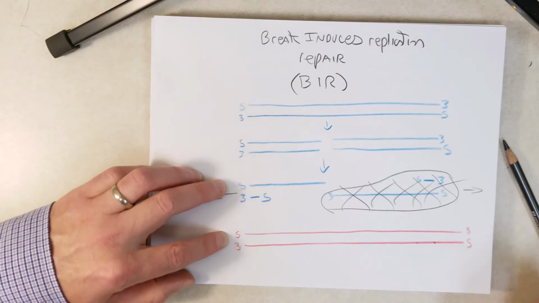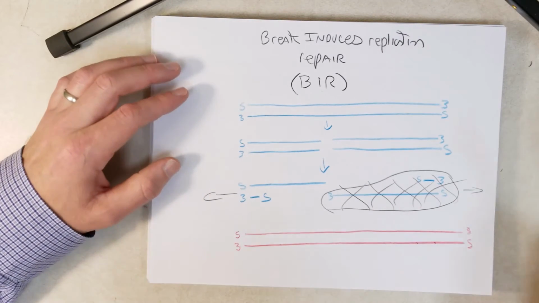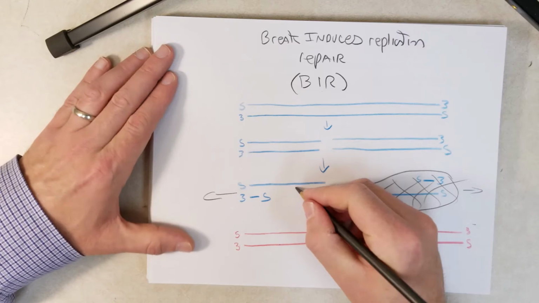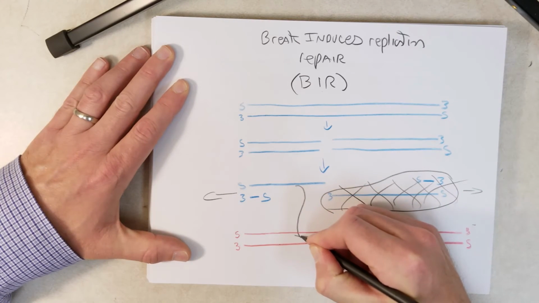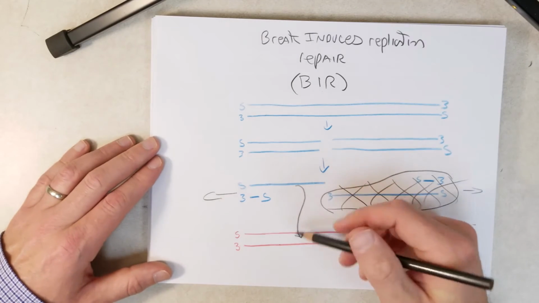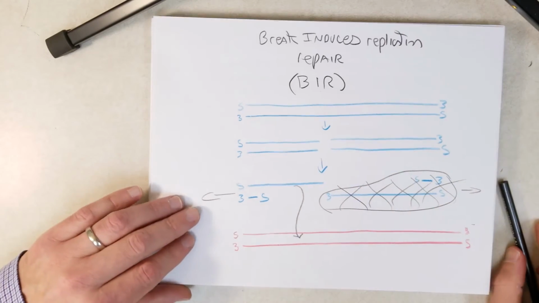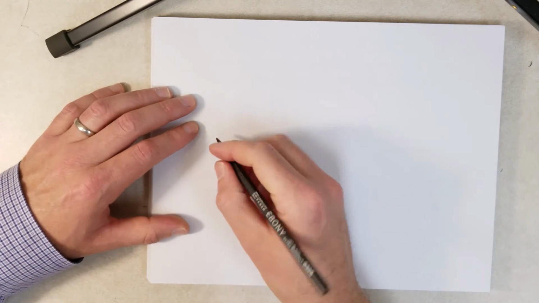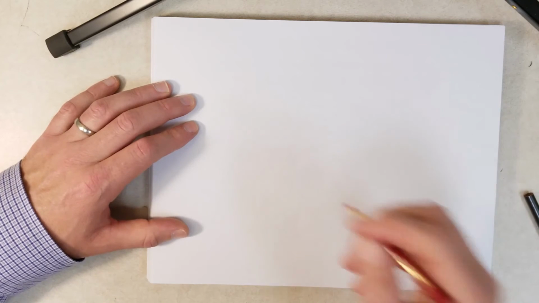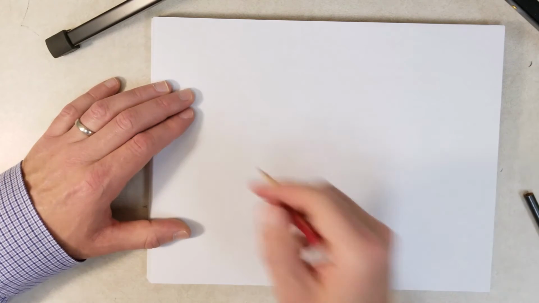So 3', 5'. Okay, so what happens is this has been lost. So this now is the only remaining end that the cell has to work with. It's going to be used for the homology search. Ideally, it finds a match, and we end up with something that looks like this.